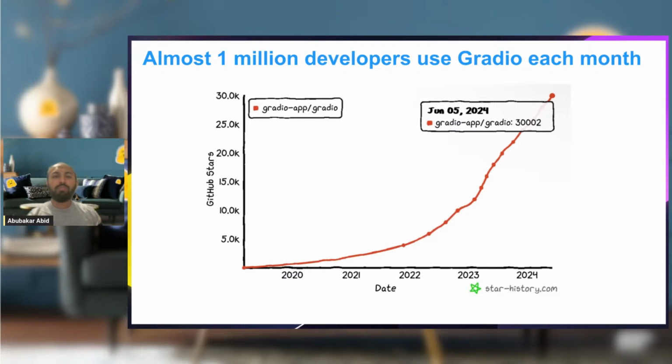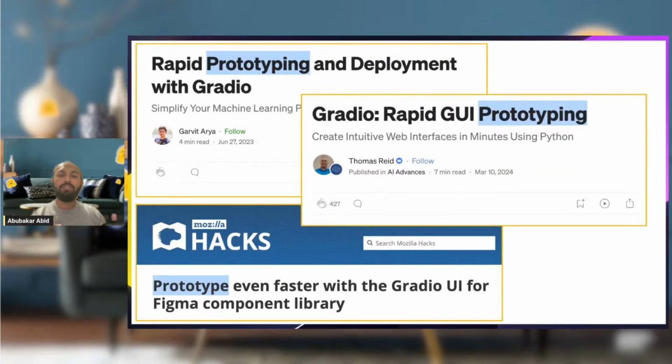As a result, we're very honored, really, that almost 1 million developers are using Gradio each month. And just yesterday, we crossed 30,000 stars on GitHub. But we're not satisfied with that. One of the reasons is that when you look at how Gradio is used, oftentimes there's a tight connection between machine learning prototyping and Gradio.